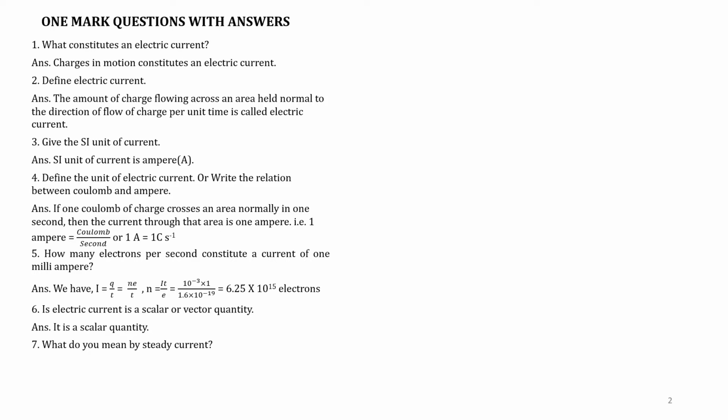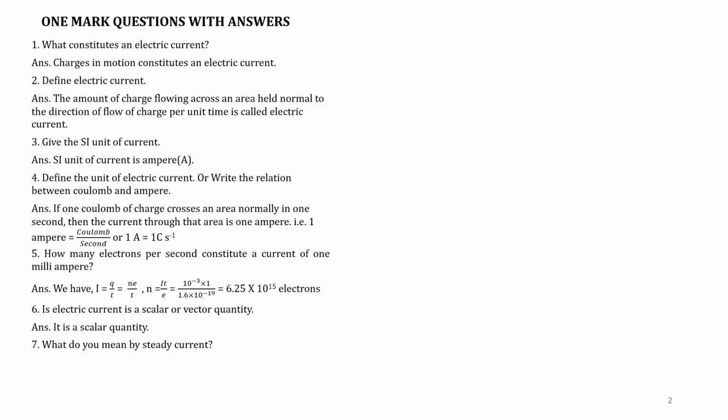Therefore, I equals Ne by t. Therefore, N, the number of electrons, is equal to I into t divided by e.